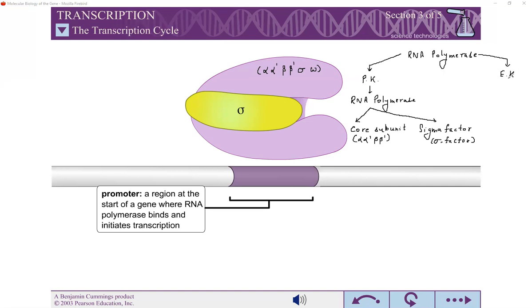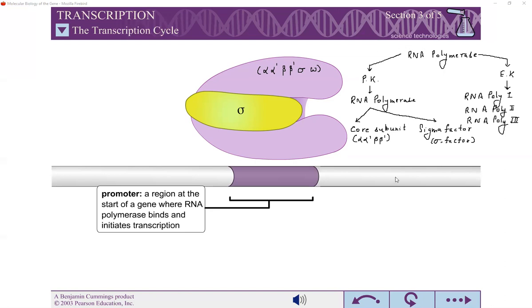In eukaryotes, there are three different types of RNA polymerases: RNA polymerase 1, RNA polymerase 2, and RNA polymerase 3. So this is how the classification of the RNA polymerase is made.